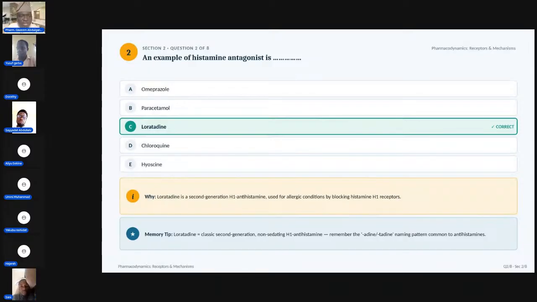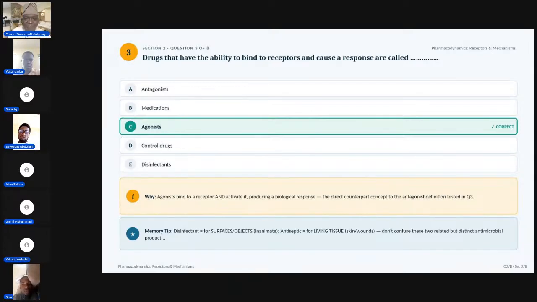So the next question says that drugs that have the ability to bind to receptor and cause a response are called, so it is giving the opposite of the antagonist question now. The antagonist will go and stay on that receptor, but it will not lead to a response.